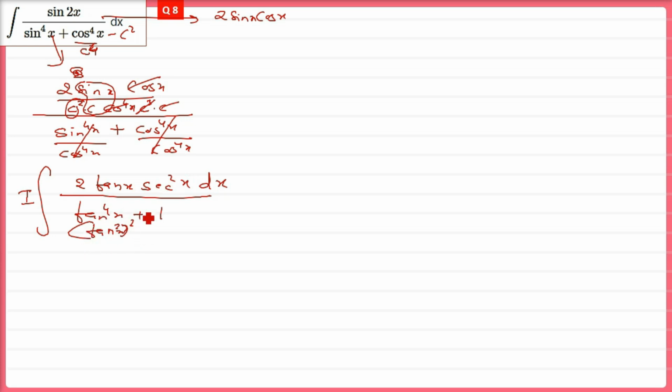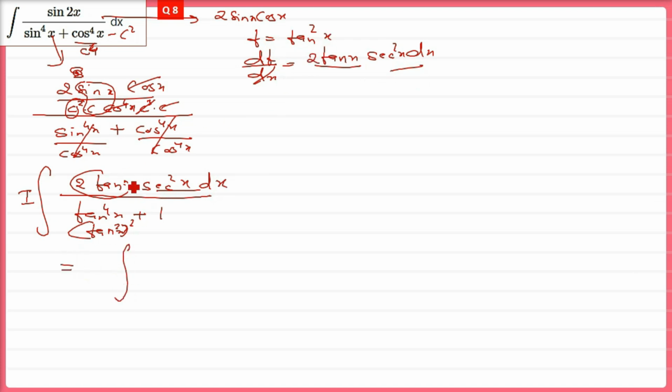So what we'll do here is, we will take t equals tan square x. dt by dx will be equal to 2 tan x, and derivative of tan x will be sec square x, and dx will go on the right. So now you see, the numerator we have got just by placing t equals tan square x. So a good assumption will easily give you a proper solution.